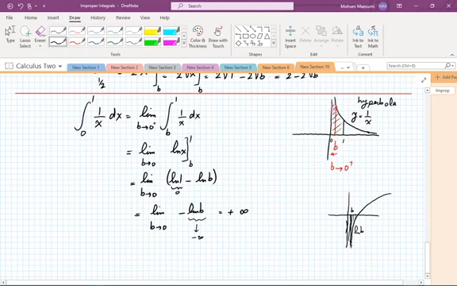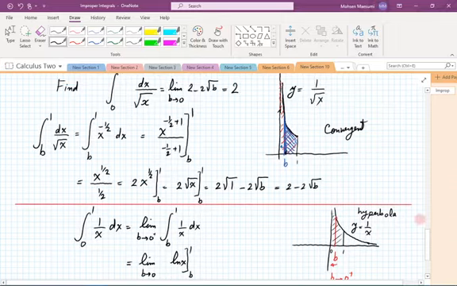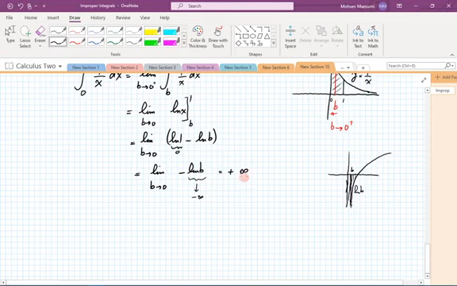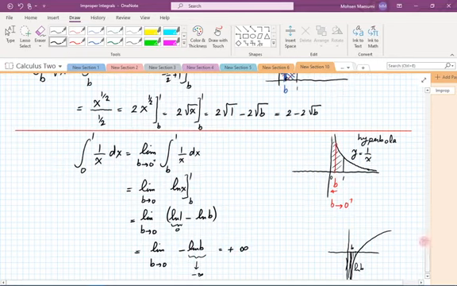Like if you wanted to paint this, you need infinite amount of paint, as opposed to this case, if it was between this wall and 1 over radical x, we needed finite, like if you wish 2 gallons of it, but this one no amount of paint is going to do. How's that so? Well, you need calculus. It's not something that you can do by looking at the picture. You have to take a limit to find out.